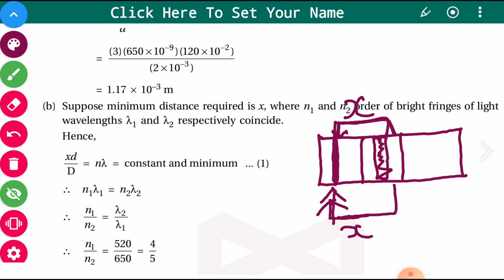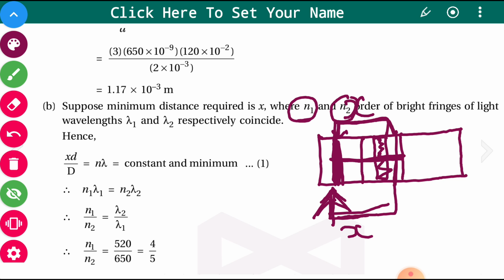Now what will happen? For the first wavelength, let the number of the fringe be n1, the n1th fringe of the first wavelength is produced at this point, and the n2th fringe of the second wavelength is produced here, and they coincide at a distance x from the central maximum. So x is same, the distance of both bright fringes which coincide is the same from the central maxima.